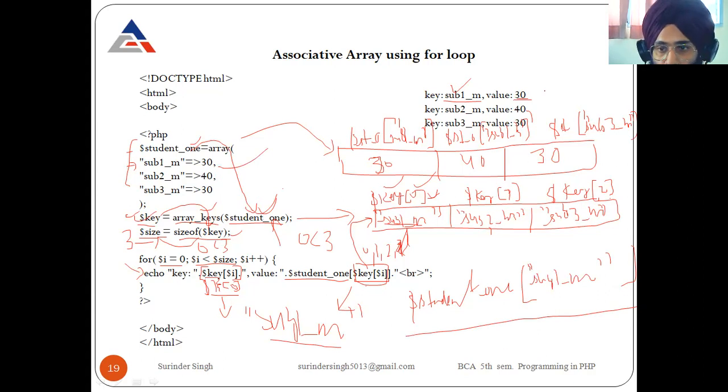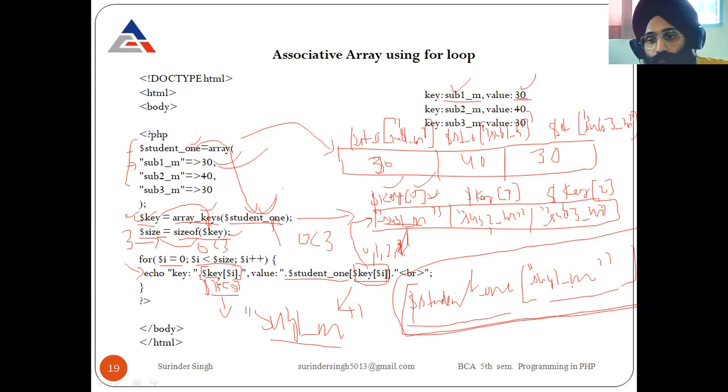It returns 30, because the subject 1 marks key is associated with 30, and this is the full element. An array element contains the array name and an index value. Now in this associative array we have keys, so here we write the key and it will return 30. Clear? Okay, is it clear to you?